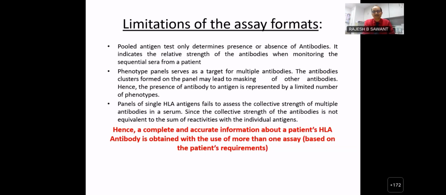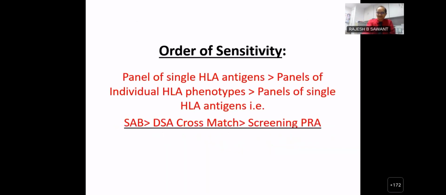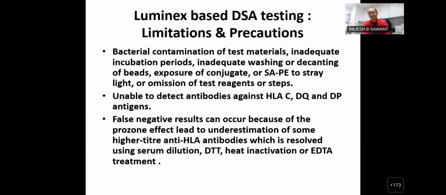Then you have the panel reactive antibody test, or the HLA class 1 class 2 antibody screening, and then finally as a confirmatory test you have the single antigen bead test, right? So as I said, the order of sensitivity we need to understand. A DSA cross-match or PRA screening would be a baseline test, whereas the confirmatory test would be the most sensitive, the single antigen bead, because that will give you exactly what specificity that antibody has, right?